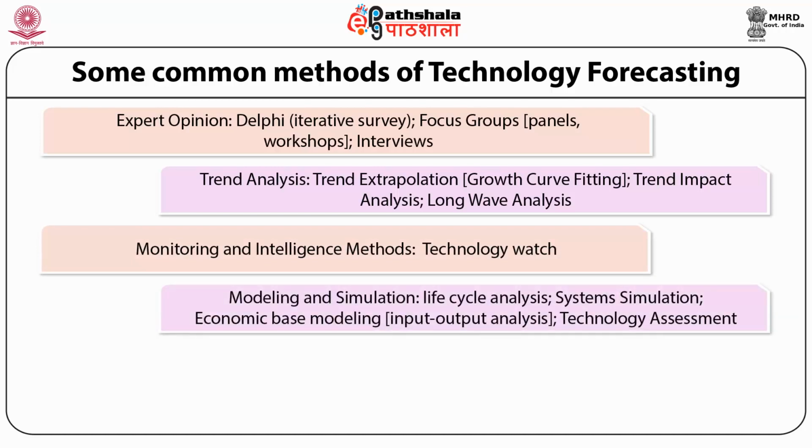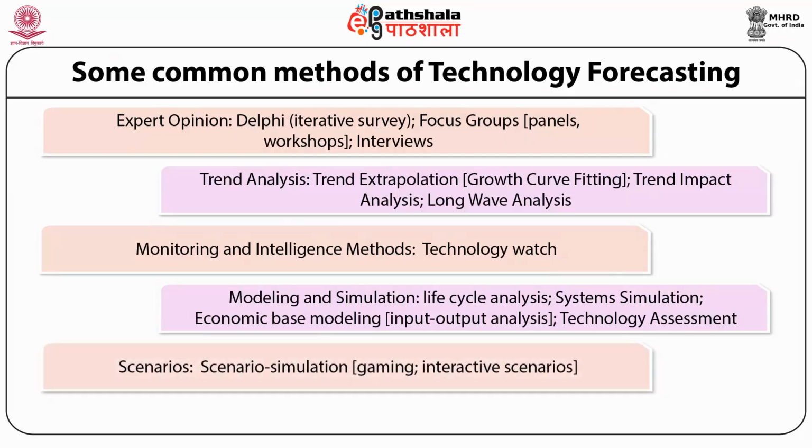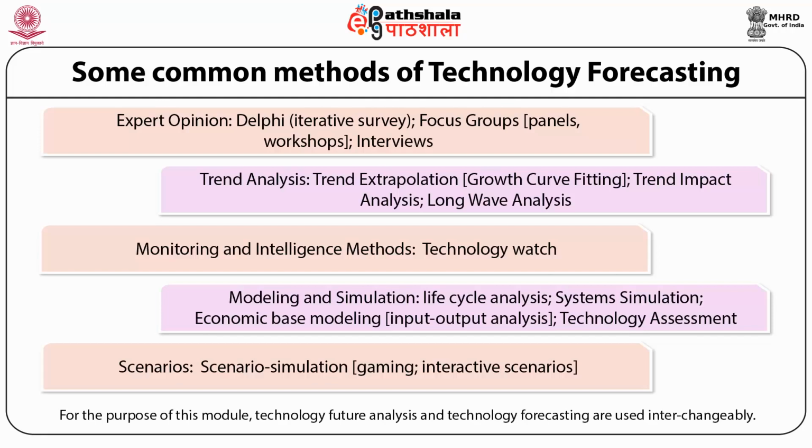Modeling and simulation includes life cycle analysis, system simulation, economic based modeling, input output analysis, technology assessment, scenarios, which includes scenario simulation, gaming, interactive scenarios. For the purpose of this module, technology future analysis and technology forecasting are used interchangeably.